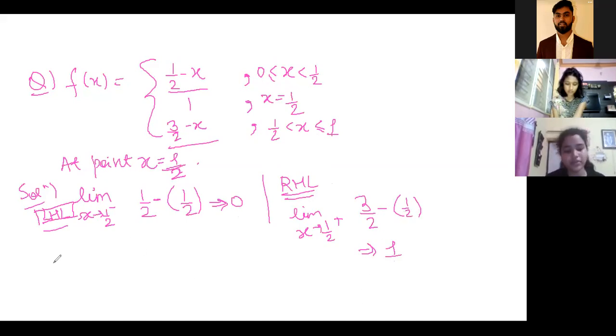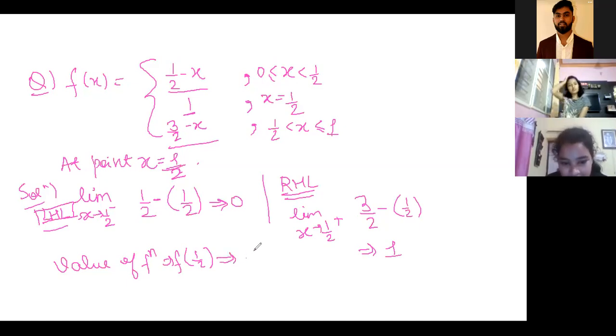Now, if we have to find the value of the function, which means f(a), a is here half. So at x equals half, the function's value is 1.